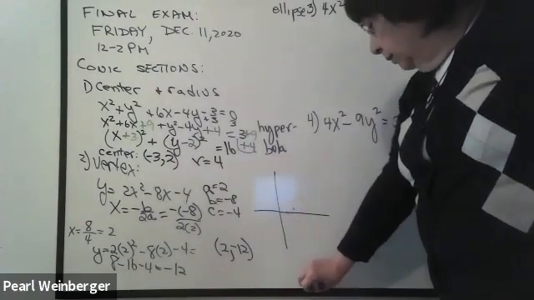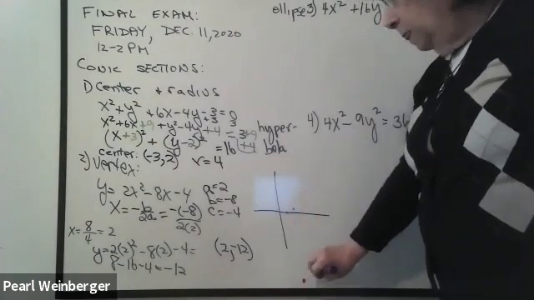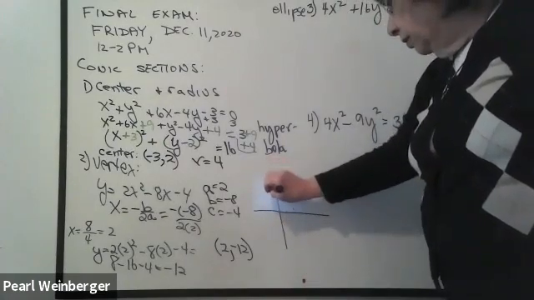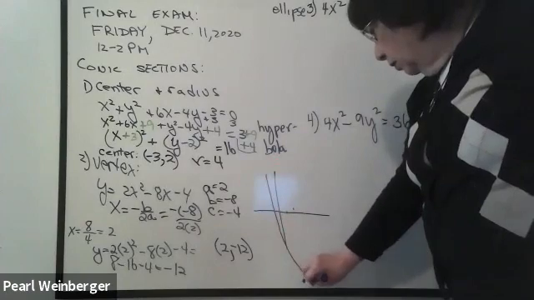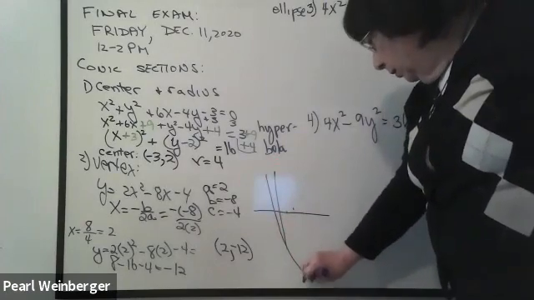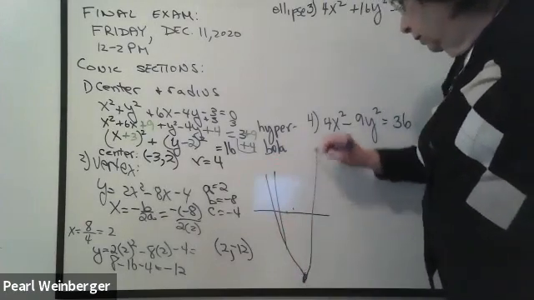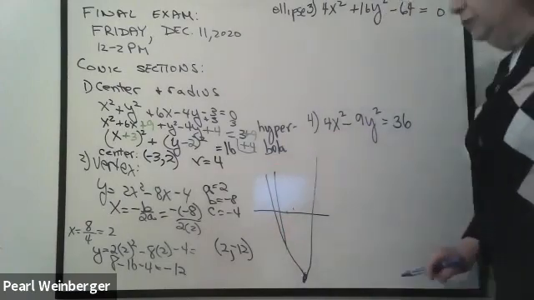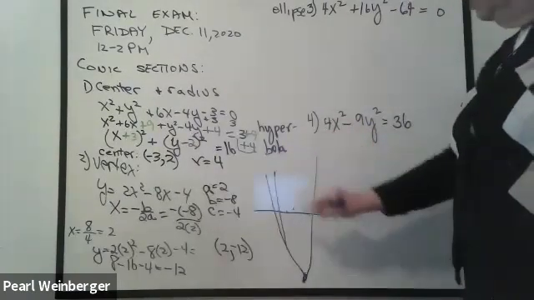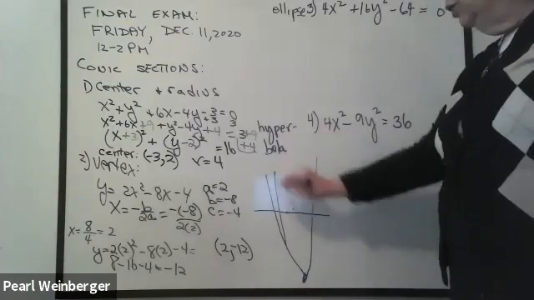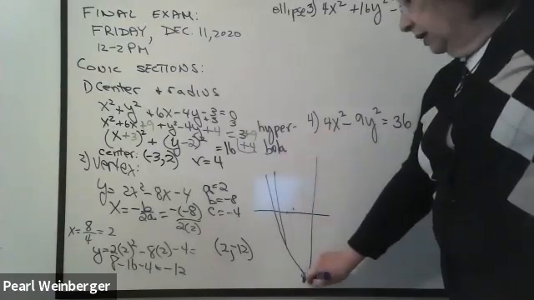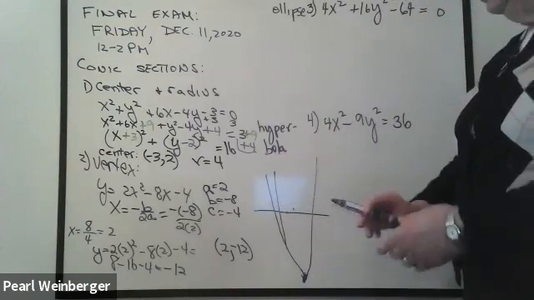Negative 12 is probably all the way down here. And you have something that looks like this. Not a very good picture of it. It should be the same shape on both sides, but it's a narrow U with a vertex at (2, -12).